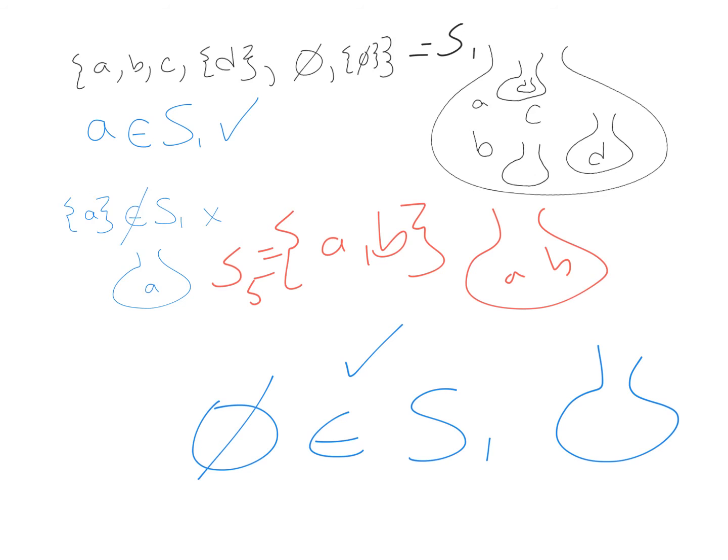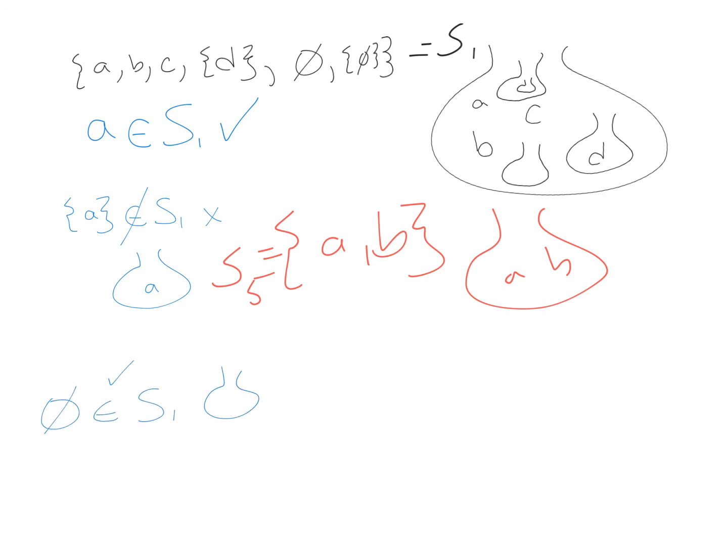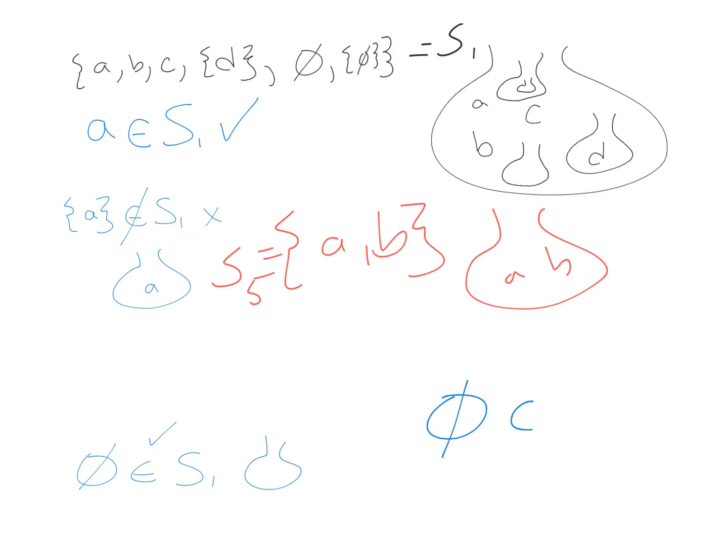So let's take this guy and shrink it. We already said the empty set is indeed an element of S1, but our question now is, is the empty set an element of S5? That's our question.